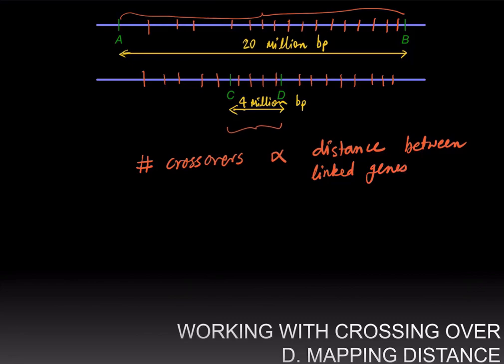In this example, since A and B are 5 times farther than C and D, the number of crossovers between A and B is going to be 5 times the number of crossovers between C and D.